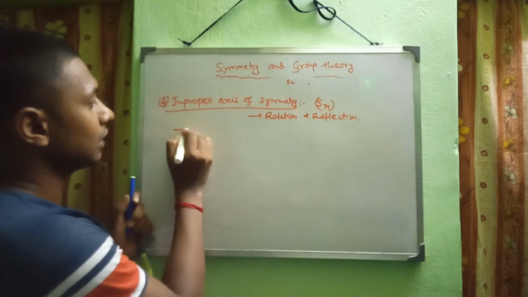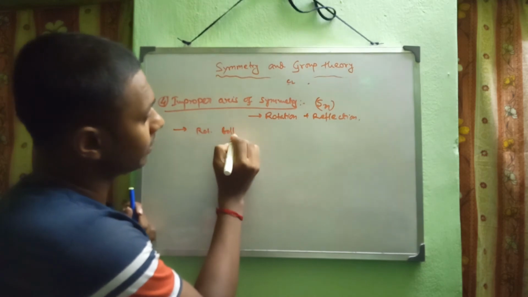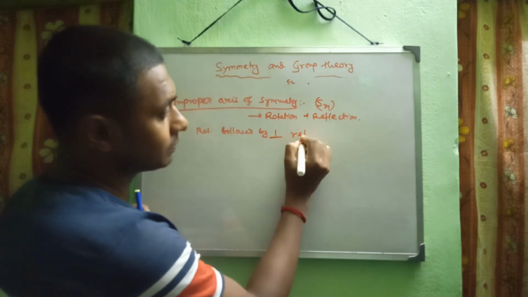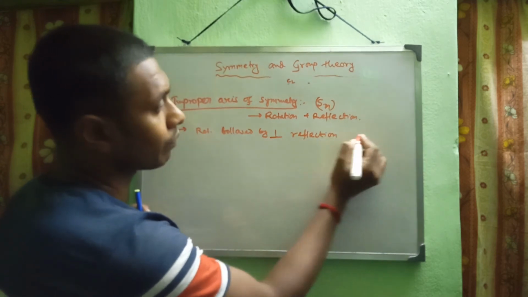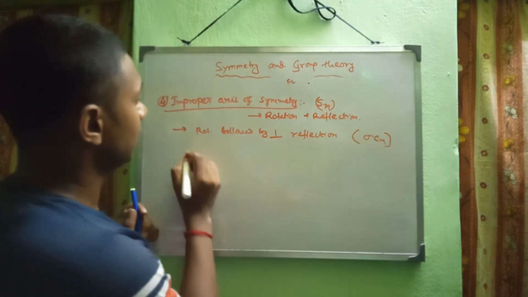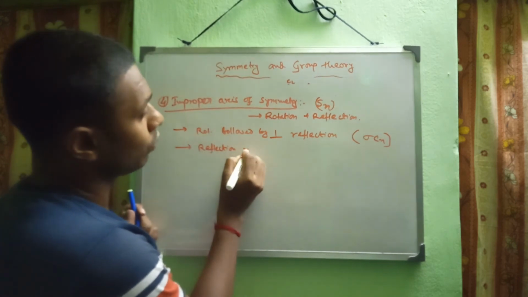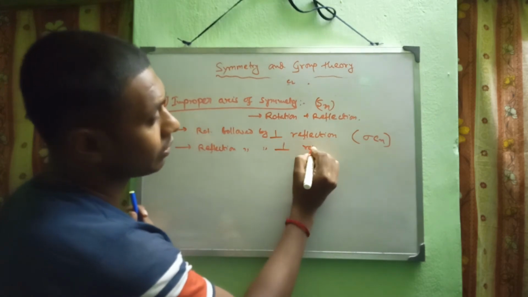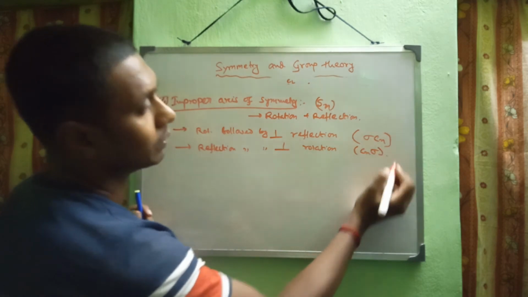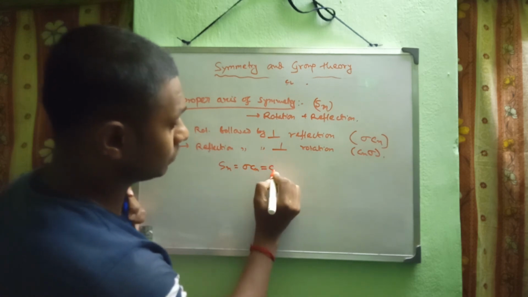Now this is done in two ways: one is rotation followed by perpendicular reflection, that is rotation Cn followed by sigma, and the second one is reflection followed by rotation, that is sigma followed by Cn. Okay, so Sn equals sigma Cn equals Cn sigma.